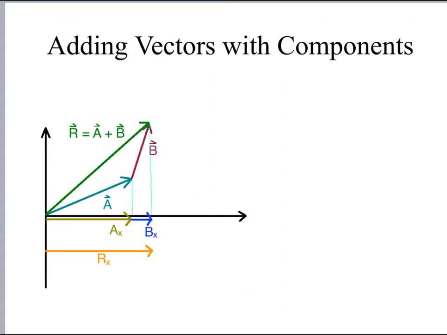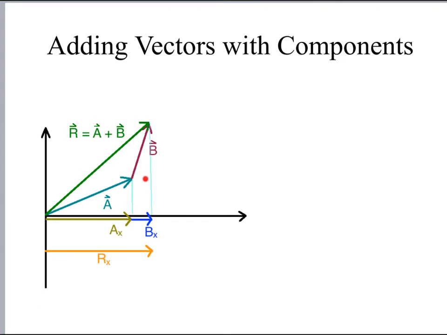So let's consider the x component of A, which would be the part of vector A that is along the x-axis. And we would have a y component of A that would be vertical, and you would say that AX plus AY would be the vector A.